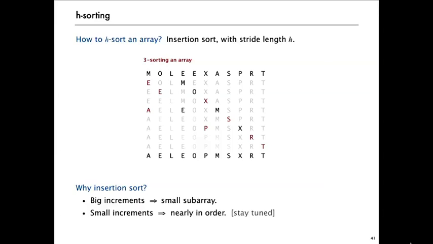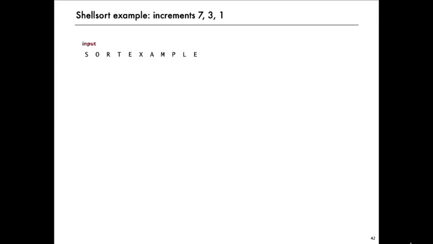But the other thing is, if the increments are small, because we've done previous H-sorts for bigger values of H, the array is partially sorted. And so insertion sort is going to be fast. It wouldn't work to use Shellsort as the basis for H-sorting, because that always takes quadratic time no matter what order there is in the array.